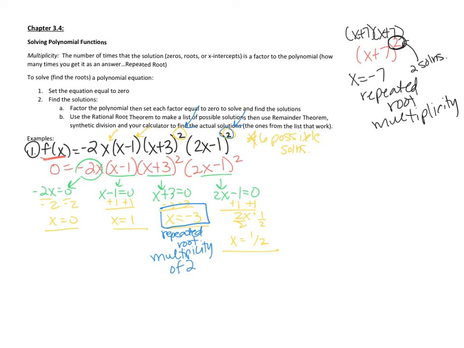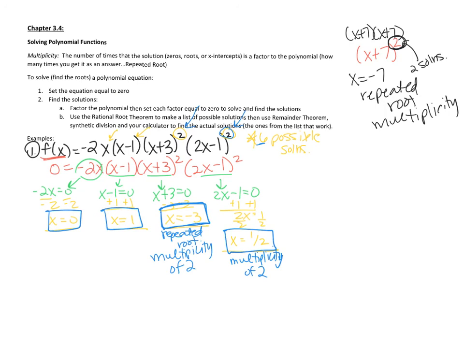It's got a multiplicity of 2 also. It is on there twice as well. So what really happens is when I go counting, I have x equals 0. So that's 1, 2, 3, 4, counts twice, 5, 6. So there's all 6 of my solutions. That's why we say that they're possible, because it might not be a unique solution. It might be something that's already on there more than one time, right?